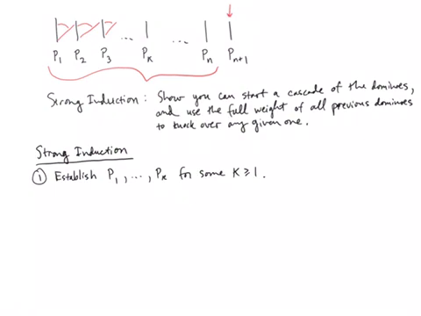You can knock down at least the first so many dominoes. And then you show that P1 and P2 and ... and Pn, right? So that's the weight of the first n dominoes. Show that that knocks down the n plus first.